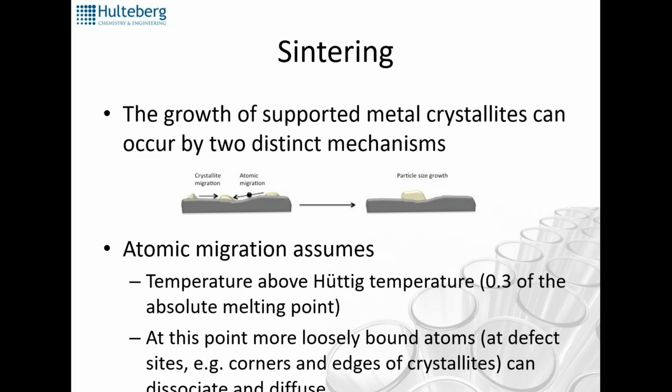And that's when loosely bound atoms, so if you envision a crystallite being less than perfect, there are going to be some surface atoms, some defects at corners and edges and things like that, and when you reach the Hüttig temperature, these loosely bound atoms can start moving around, leave the crystallite they're on and combine into larger chunks. And that's a lower temperature phenomenon. Part of this is what happens in this break-in period that I talked about earlier.